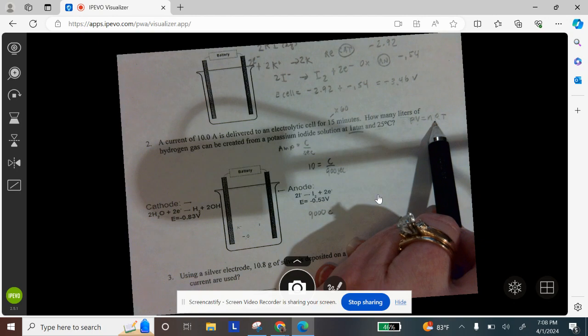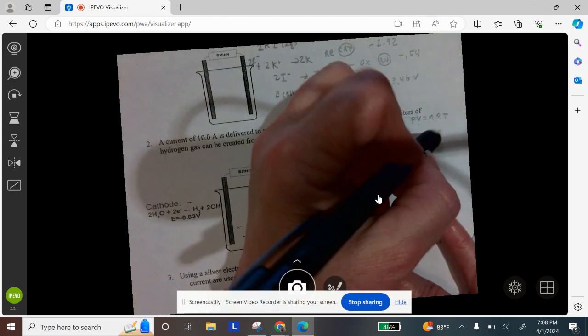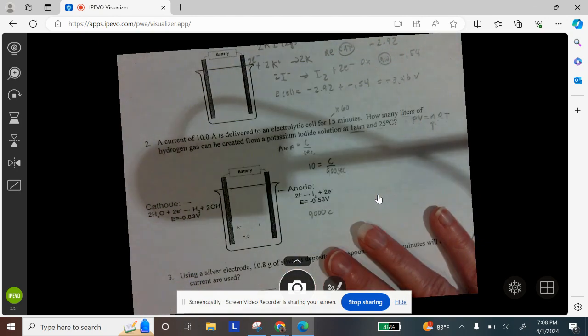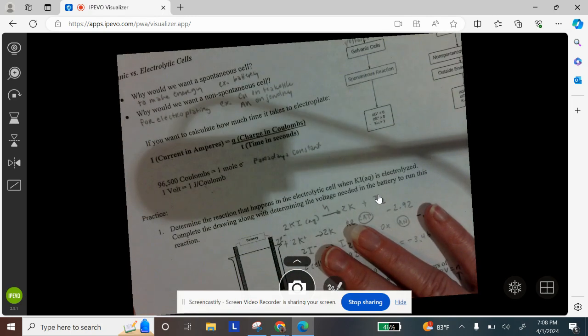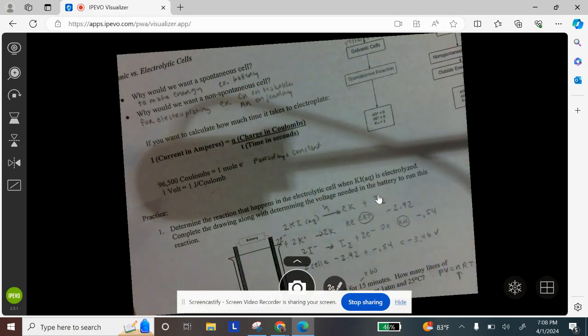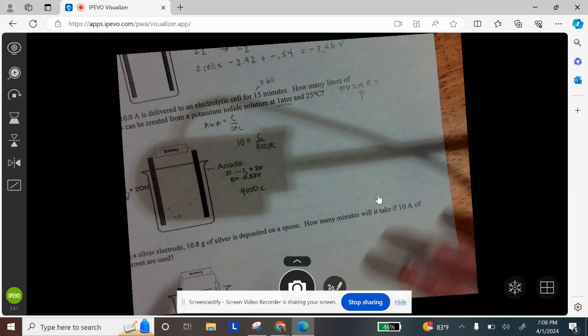I know R, that's my constant, and I know T. So that means I need to be able to solve for moles. Well, the only thing that had moles in it, if I go back up to the top here, was right here. I have moles in that conversion factor. So I've got to convert my coulombs to moles. Okay, so that's what I'm going to do right now.